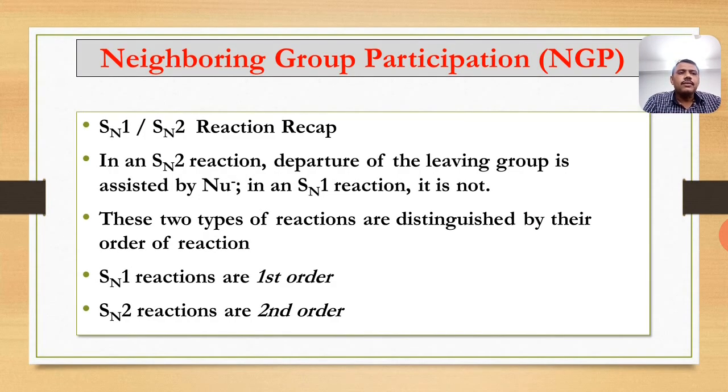Before we discuss the details of neighboring group participation, we have a recap of SN1 and SN2 reactions. SN1 means nucleophilic substitution unimolecular and SN2 means nucleophilic substitution bimolecular. In SN2 reaction, departure of the leaving group is assisted by the nucleophile, while in SN1 reaction this does not happen.